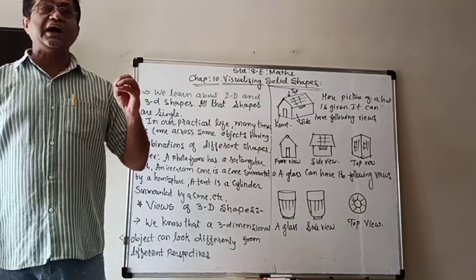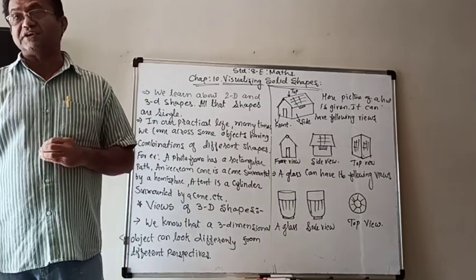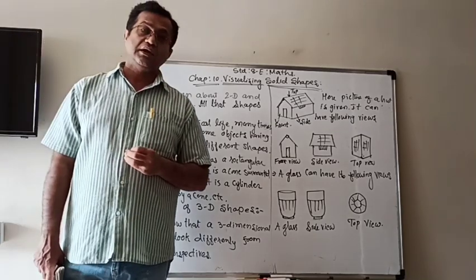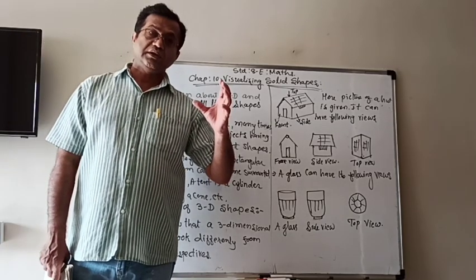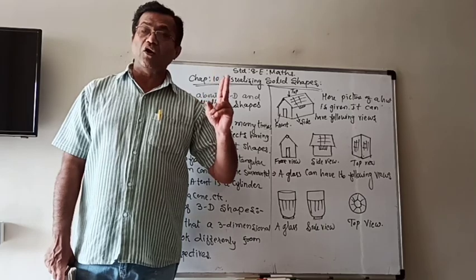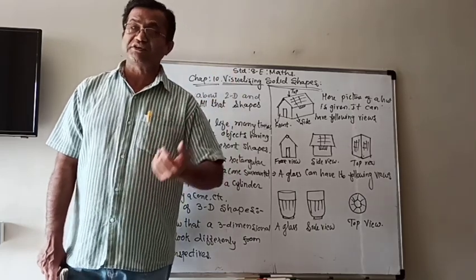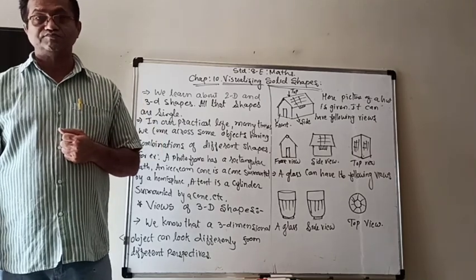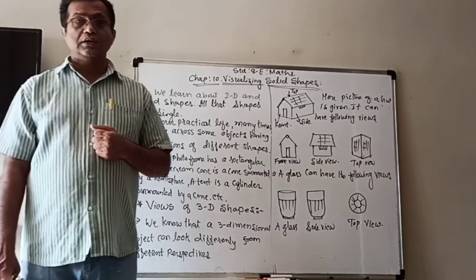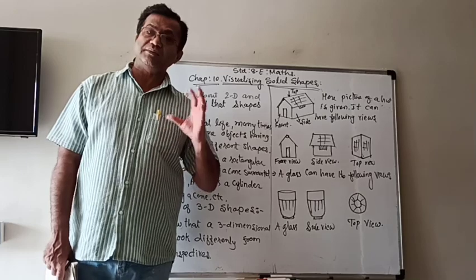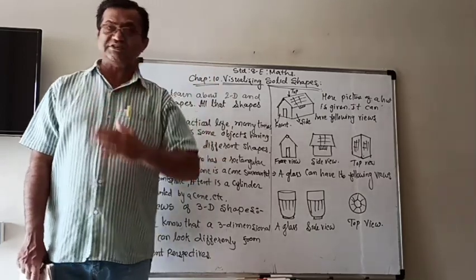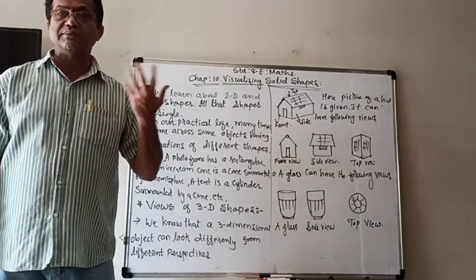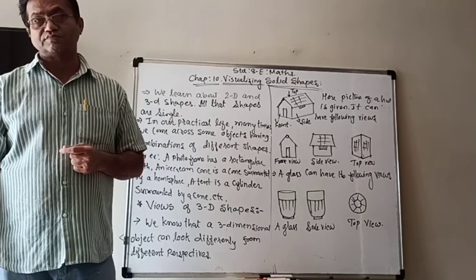And they are the solid objects. Solids have one or more surfaces. They are bounded by one or more surfaces. And these surfaces can be plane surfaces or curved surfaces.